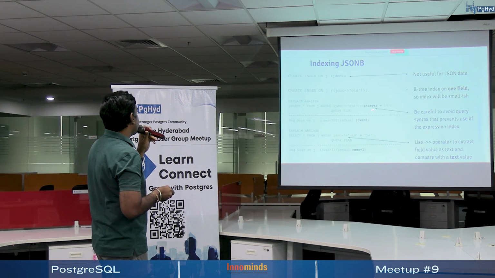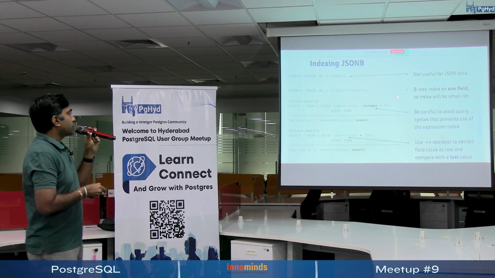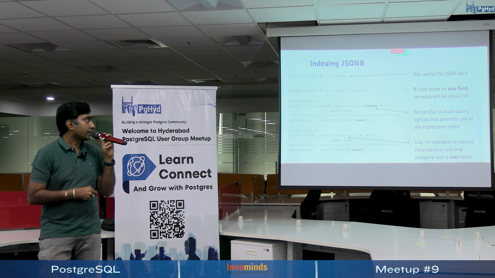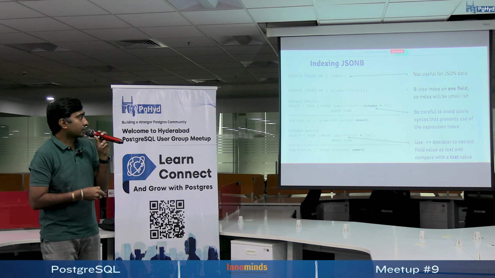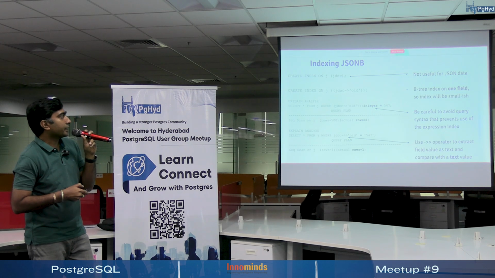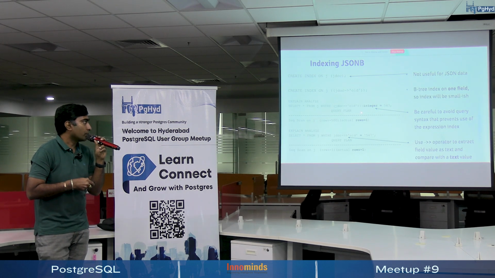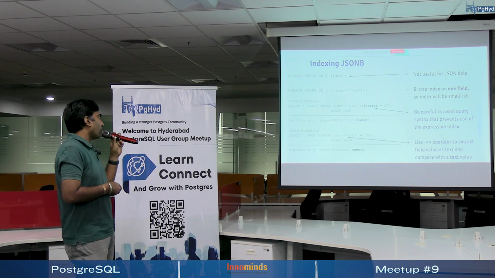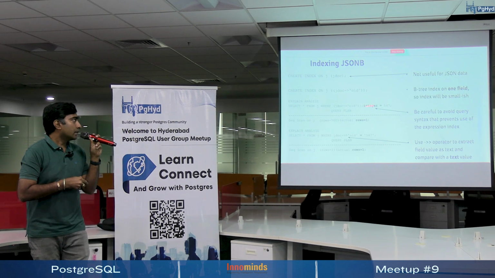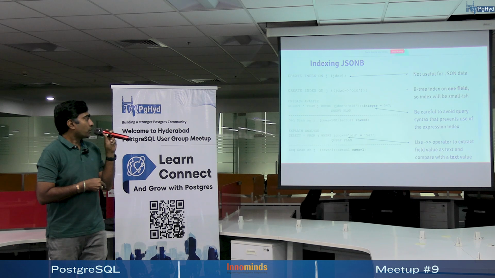So we are implicitly converting it to the integer just to match the input parameter that we are passing from the application or any service that makes use of this SQL statement. So try to avoid this kind of conversion, right?